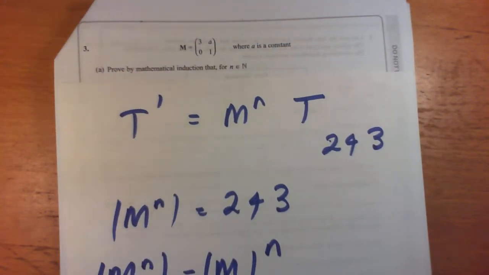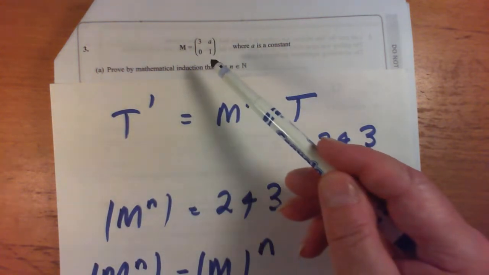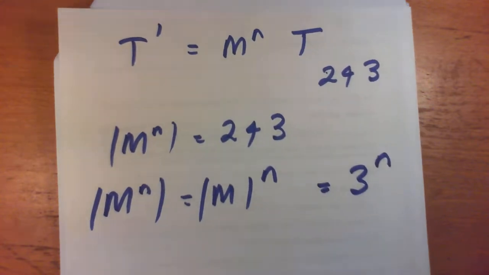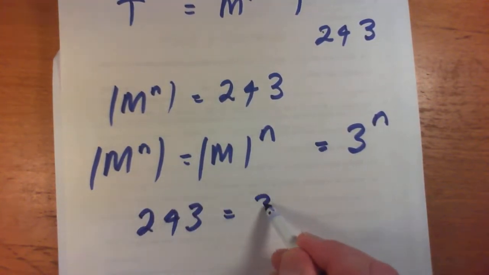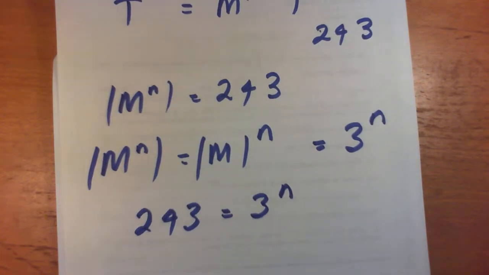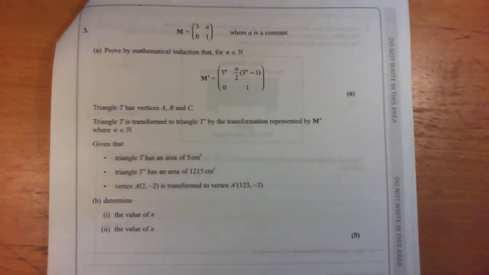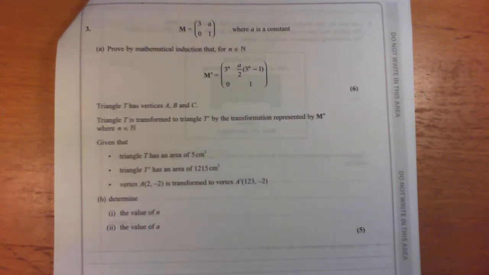And the determinant of m, there's m at the top there, equals 3. You can see that from that. So that will be equal to 3 to the power n. So I've got 2, 4, 3 equals 3 to the n, which will give me n equals 5. So that's the answer for n.